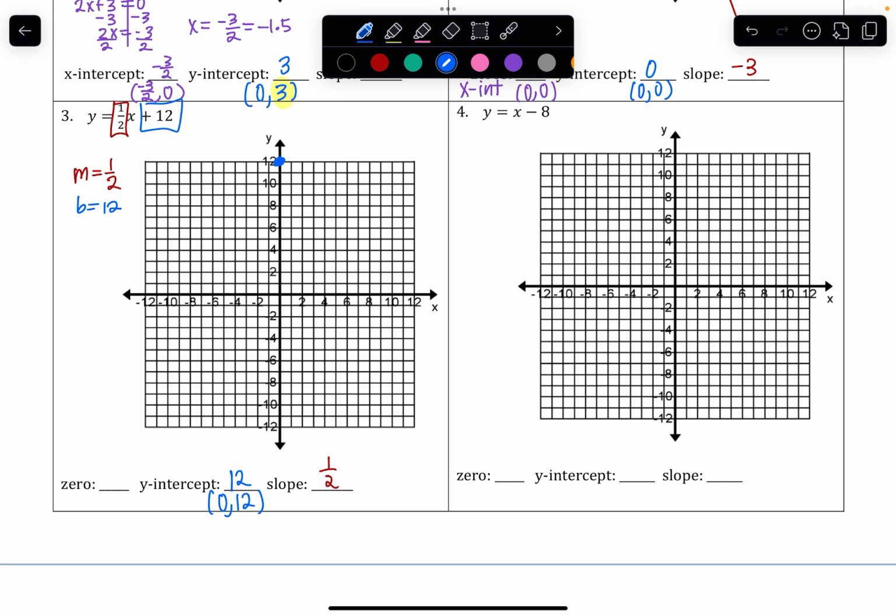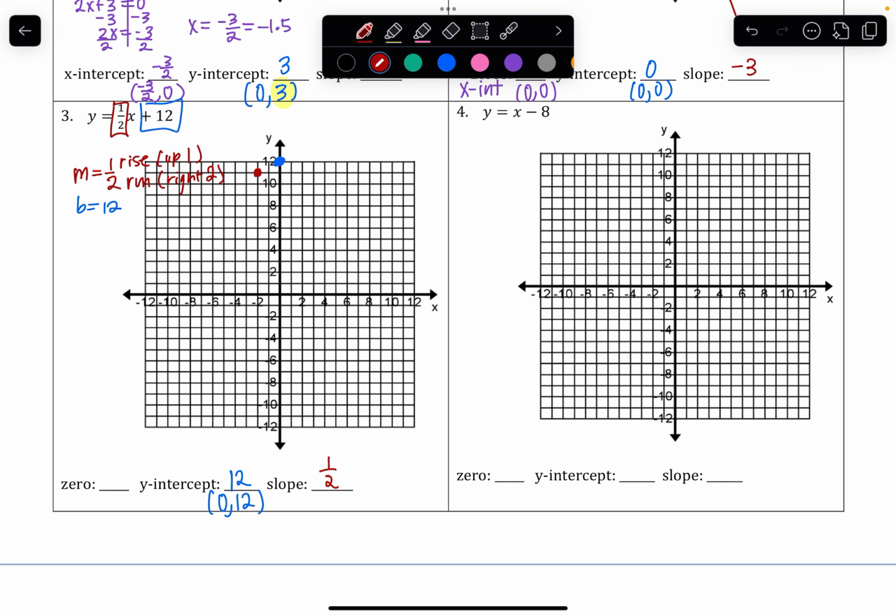And then for our slope, our top number is positive. So we're going to rise, go up 1. And then we're going to run to the right 2, moving in the positive directions for both. And so if I try to do that, I go up 1, right 2, I'm off my graph. And so instead, we could go down 1, back 2.